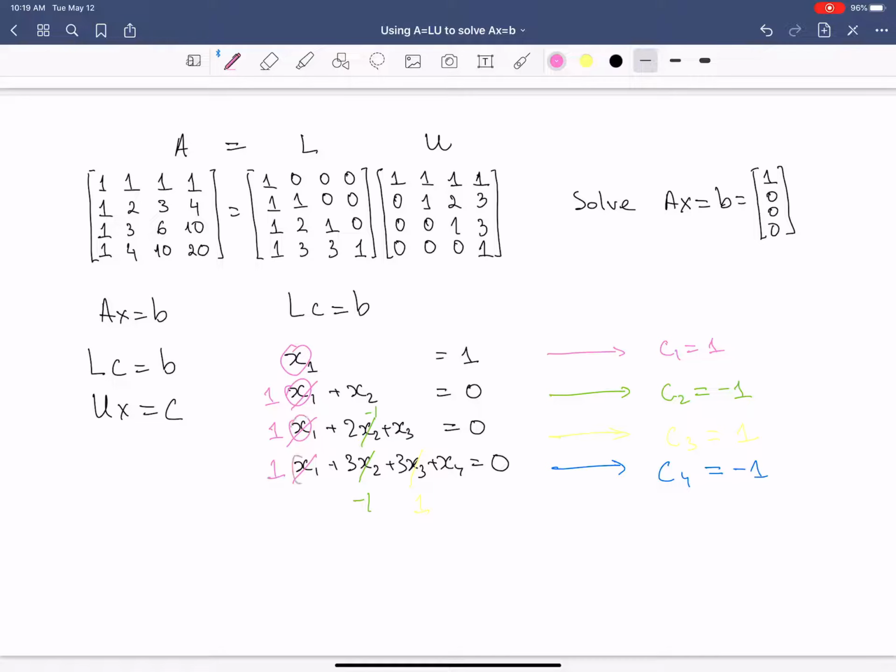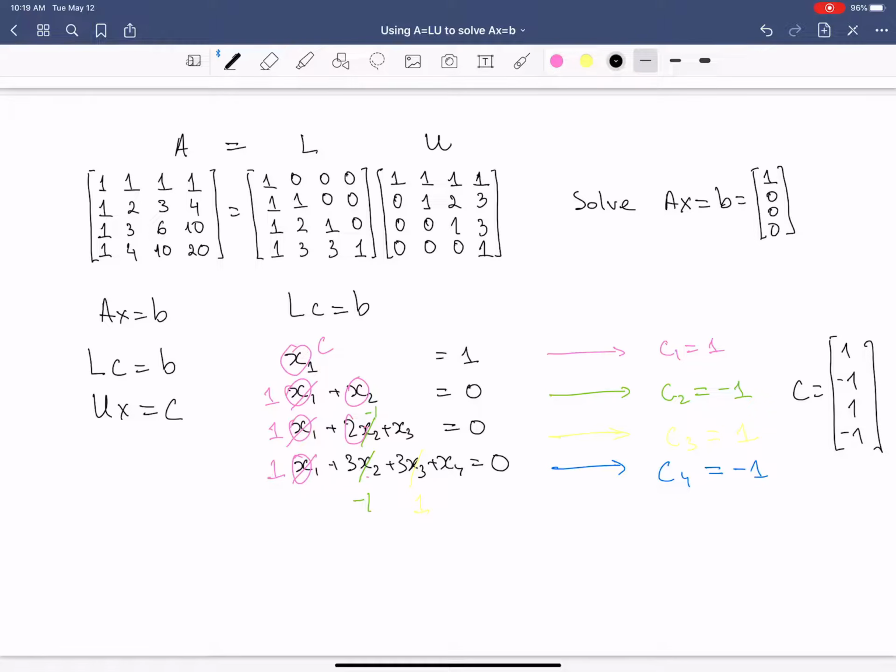So just correct that in your notes. Before I upload these ones, I'll have C's written. So these need to be C's because we're solving for C. So the vector C equals 1, -1, 1, -1.